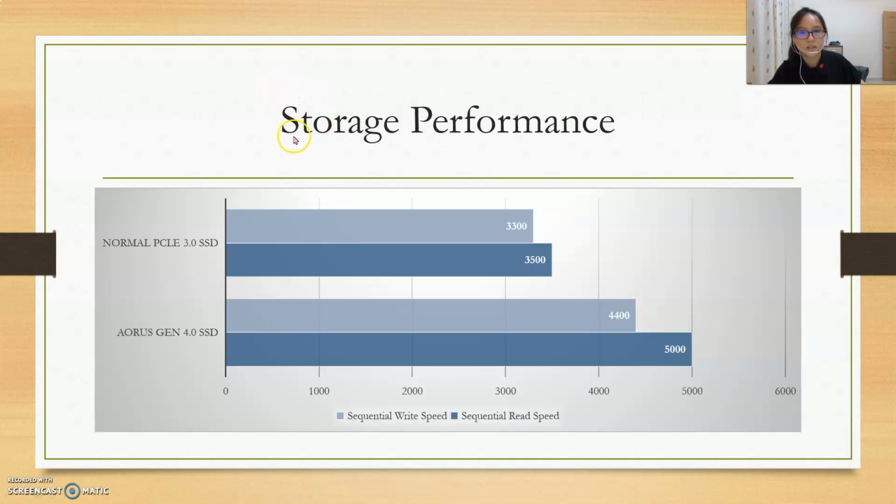And this is the storage performance that delivers blazing speed. The sequential write speed is up to 5000 MB per second. And besides that, the sequential read speed is up to 4400 megabytes per second.